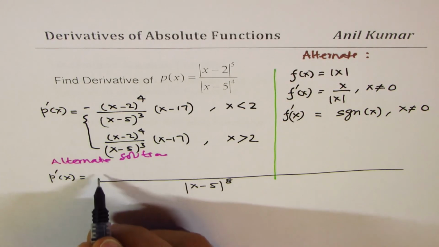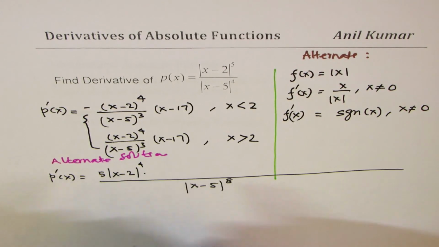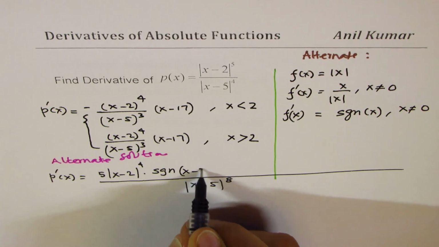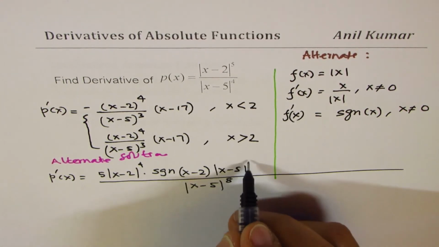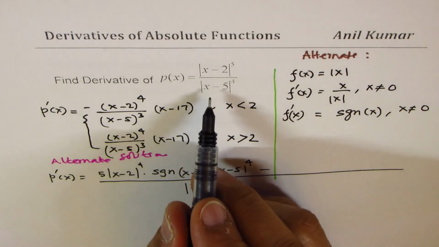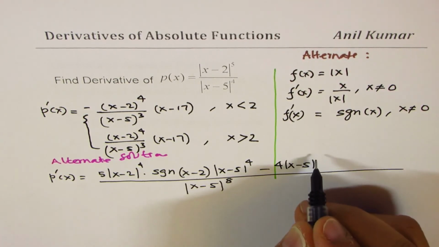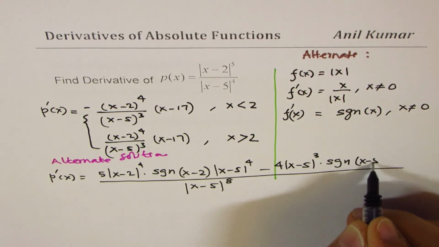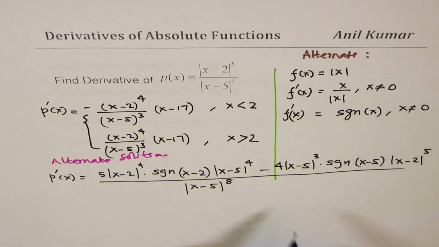Derivative of numerator, which is power rule first, 5 times absolute value of x minus 2 to the power of 4 times derivative of this, which is signum x minus 2, times the denominator, which is absolute value of x minus 5 to the power of 4, minus the derivative of the denominator, which is 4 times absolute value of x minus 5 to the power of 3 times signum x minus 5, times absolute value of x minus 2 to the power of 5. So that becomes the derivative of your function.